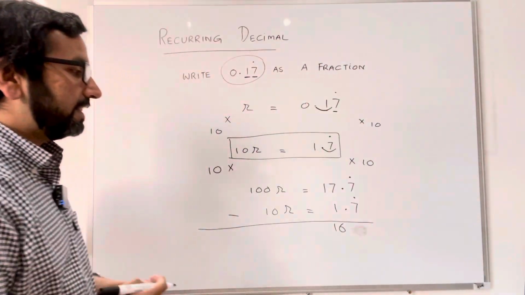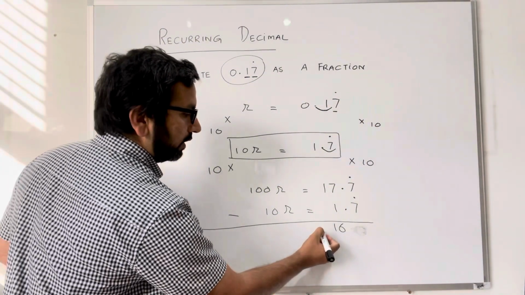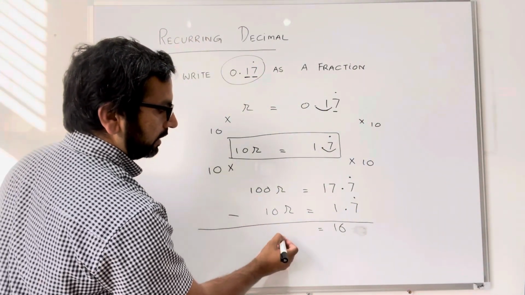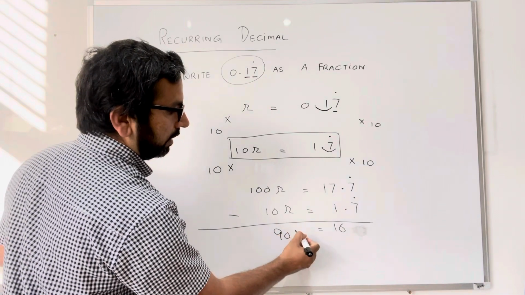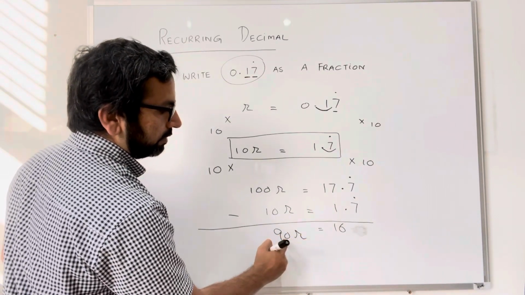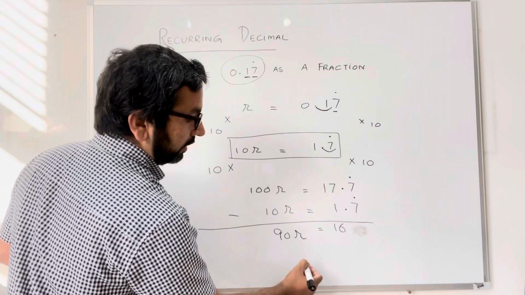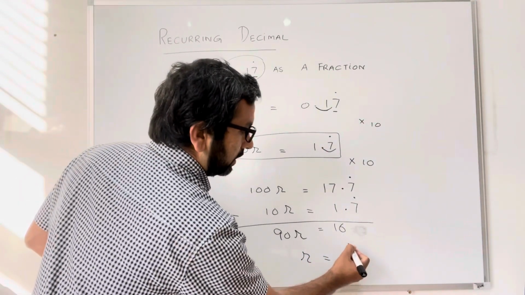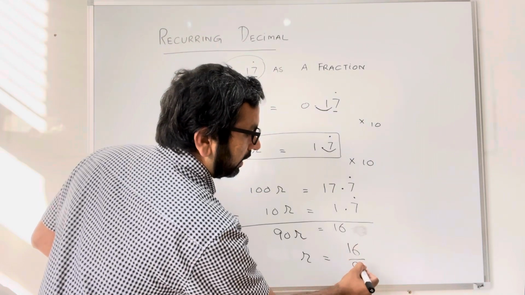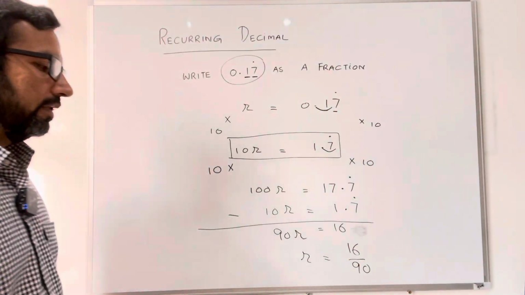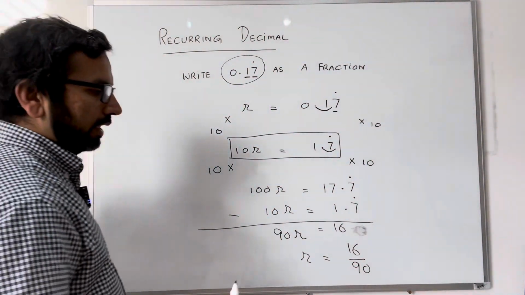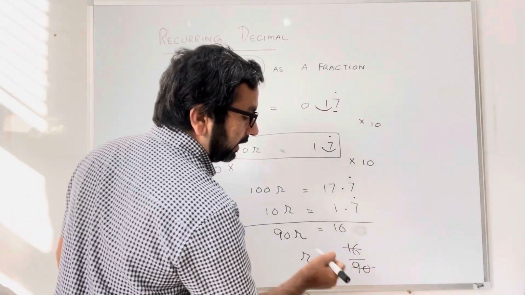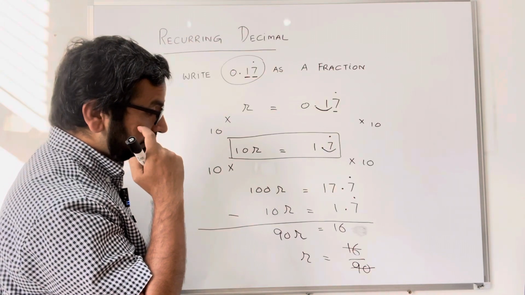On the other side, 100 take away 10 is 90R. So 90 is multiplying; if I take 90 to that side, R is gonna be 16 over 90. And you can simplify by dividing both parts of the fraction by 16.